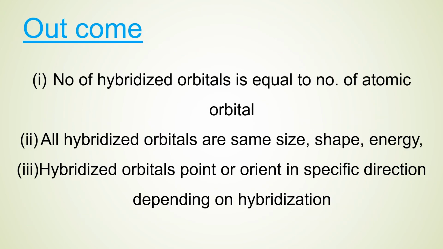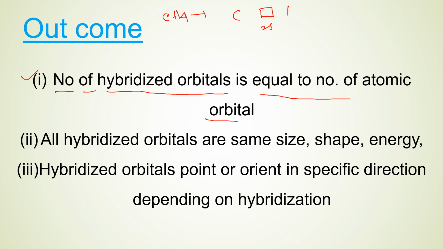Now, what is the outcome of the hybridization? The number of hybridized orbitals is equal to the number of atomic orbitals. As I have told you, in case of CH4, carbon has 2s and pure 2px, 2py and 2pz.